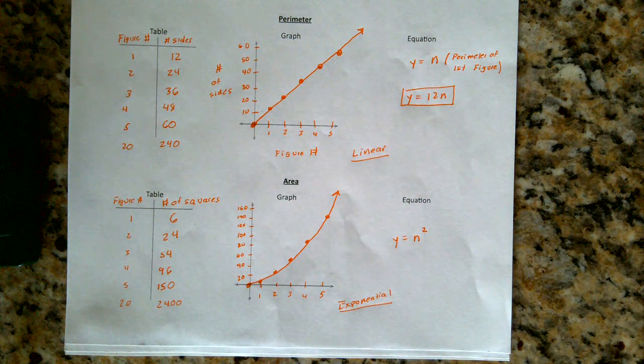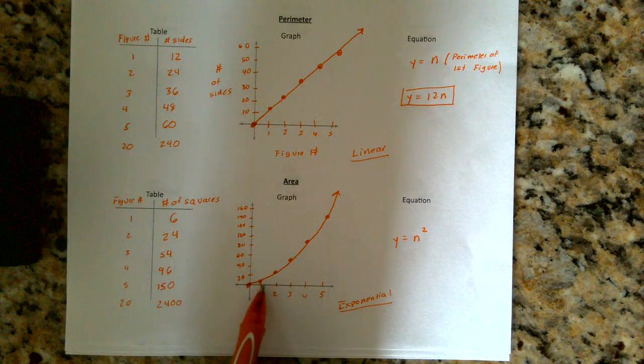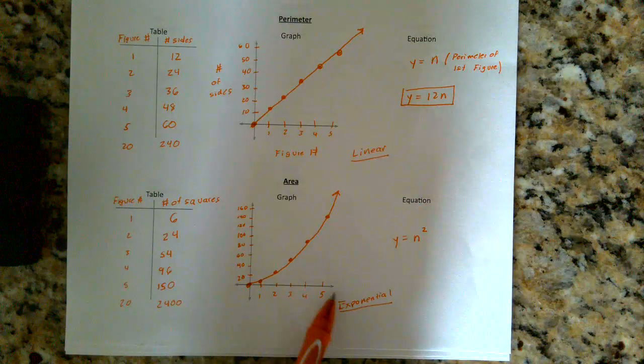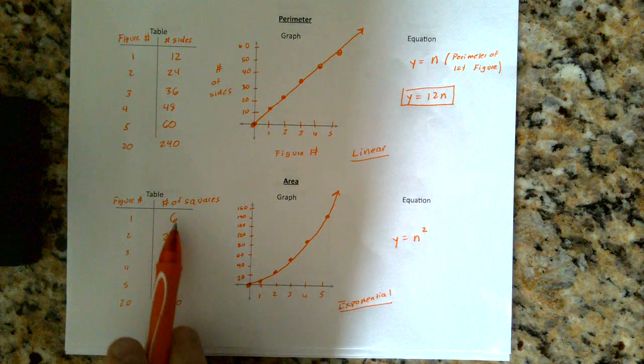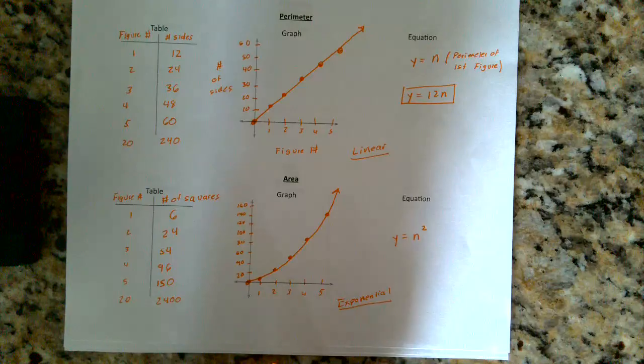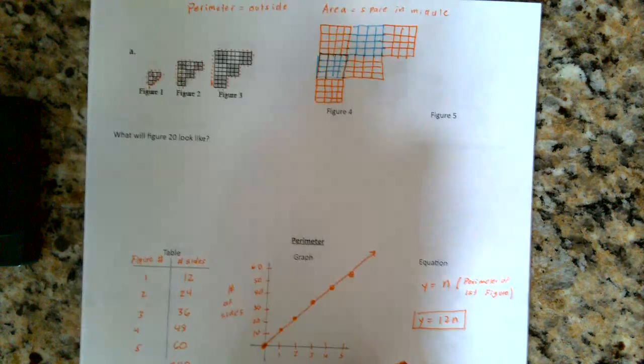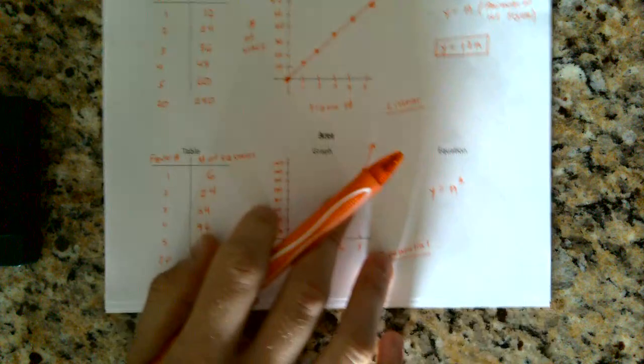The reason is that if we plug in a value, 1 squared is 1, which is not a very big value. That's why we're down here. But when we do 5 squared, we get 25, multiplied by the value of the first figure, which is 6. We get a really large number really quickly, so the area increases much quicker.